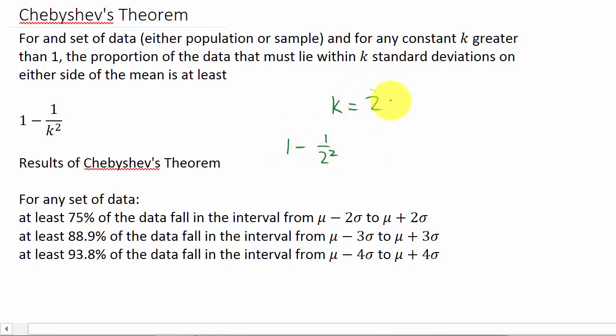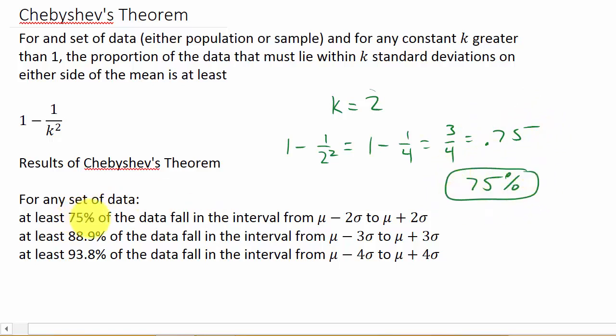We plug the 2, the number of standard deviations, in for k, and that gives us 1 minus 1/4, which is 3/4, or 0.75. Converting to a percentage, that's 75%. And there's your 75%. The same thing would work for 3 standard deviations, we would just plug 3 in. The same for 4 standard deviations, we would just plug 4 in for k.